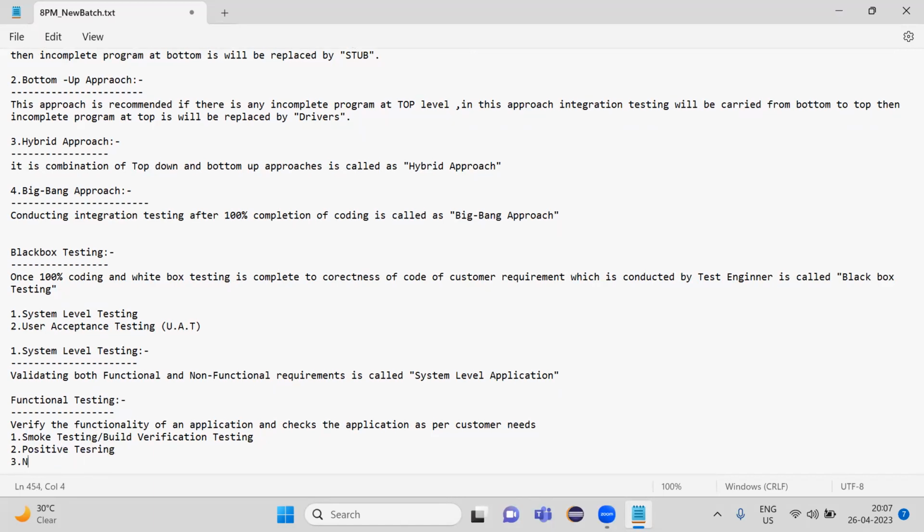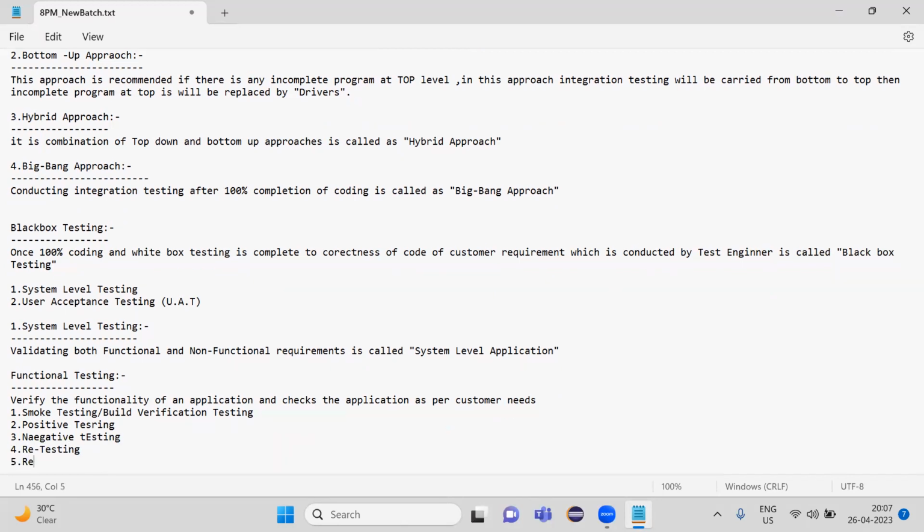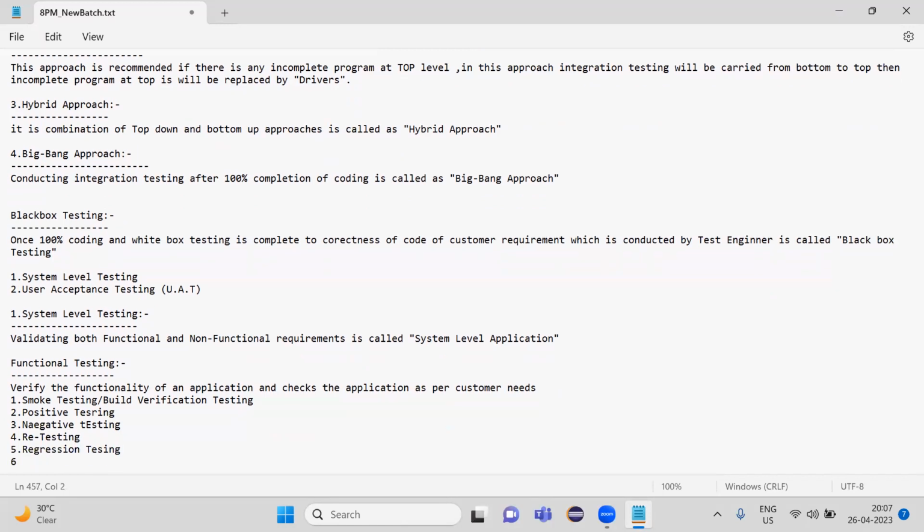Third one is negative testing. Fourth one is retesting. Fifth one is regression testing. Sixth one is database testing.